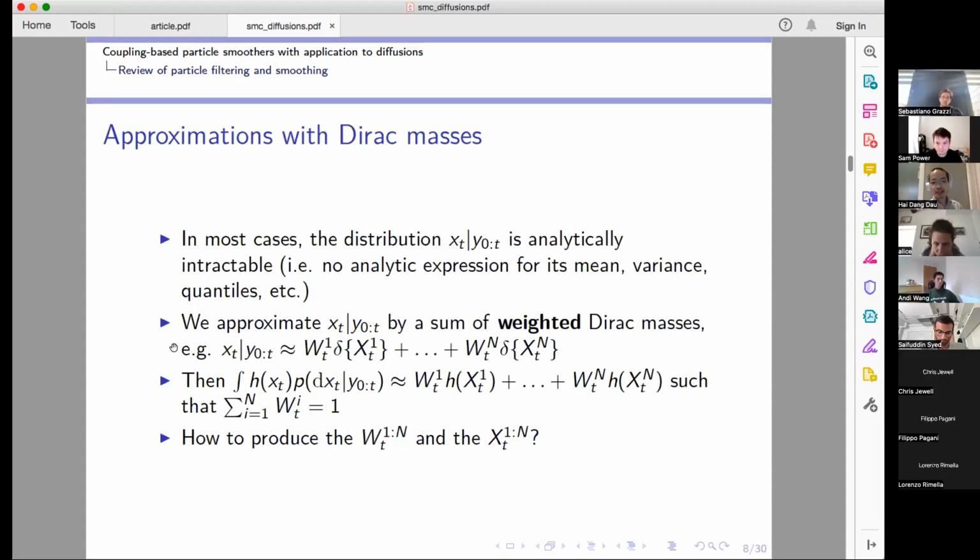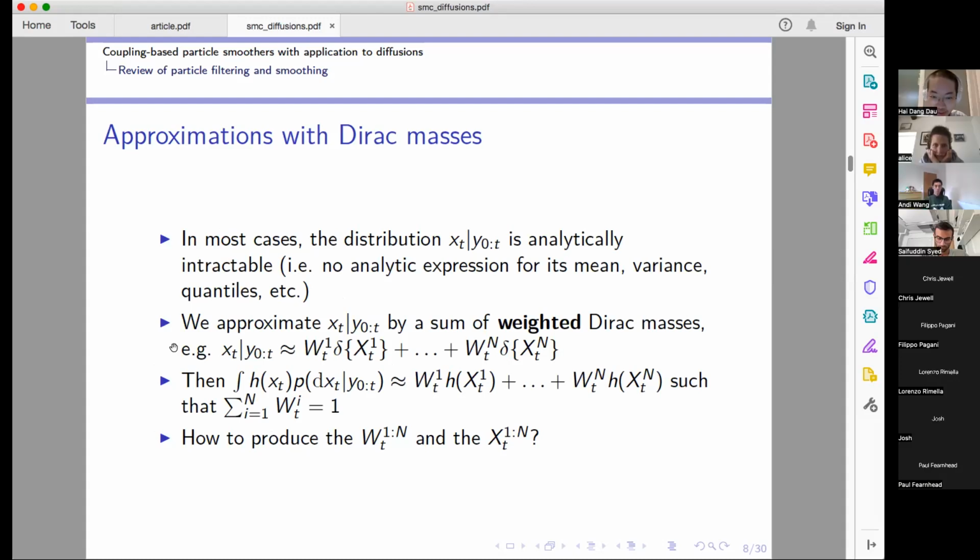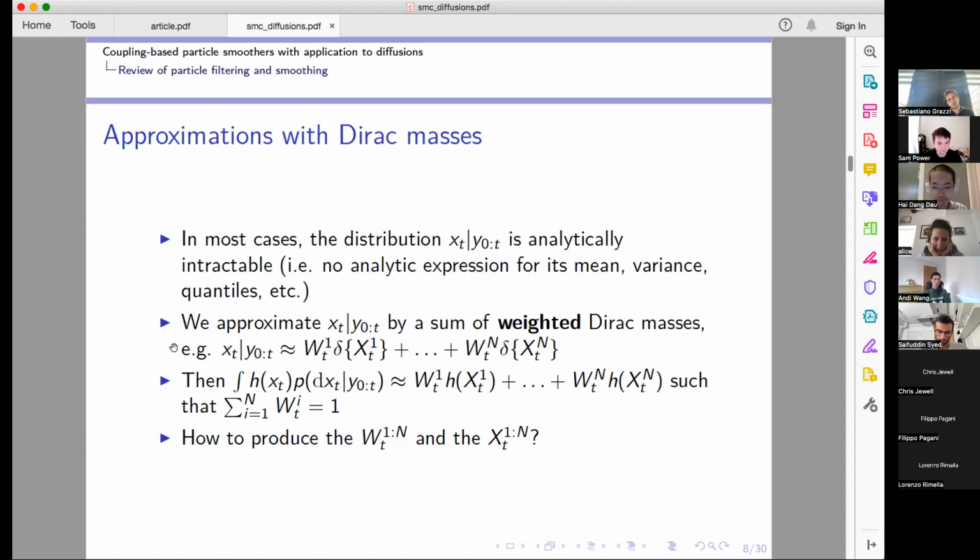Right. So in both cases, the distribution of Xt given Y0:T is intractable. There is no analytic expression for mean, variance, quantile, and so on. So you have to approximate it in the Monte Carlo way, which means that you approximate that distribution by a sum of weighted Dirac masses. For instance, you approximate the distribution of Xt given Y0:T by this sum of Dirac masses, which means in terms of function approximation, when you have an integral, you can write it in this form, right?